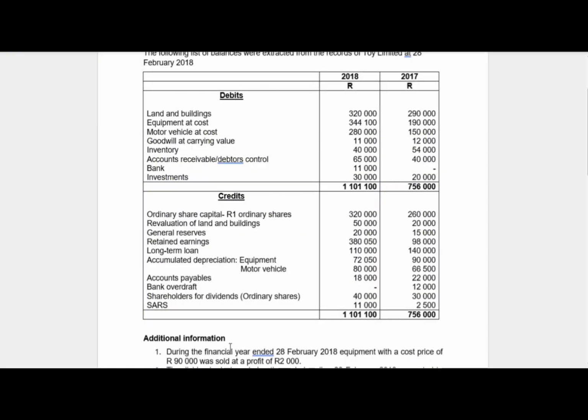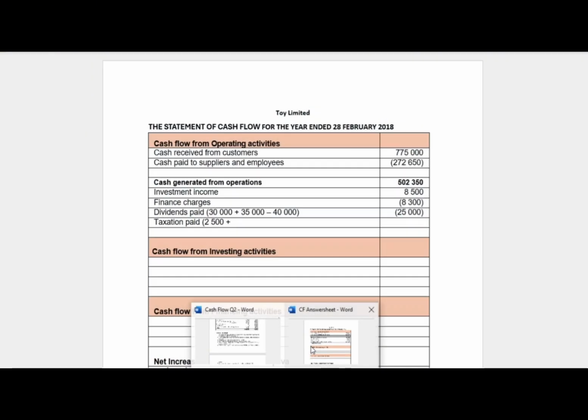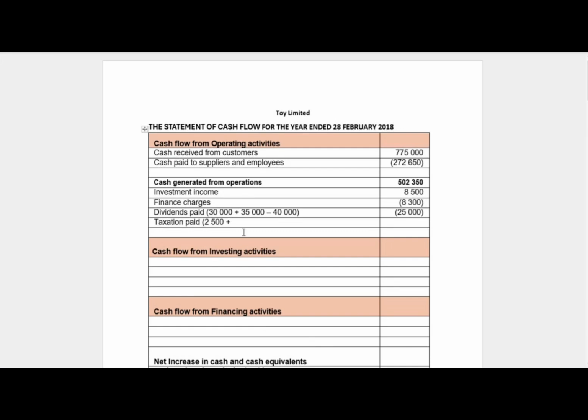It's in the additional information. Transaction number 3, SA normal tax. That is SA normal tax for the period amounted to 173,950. So you're going to add this one here. It's going to be 173,950, right? And then you less SARS at the end.